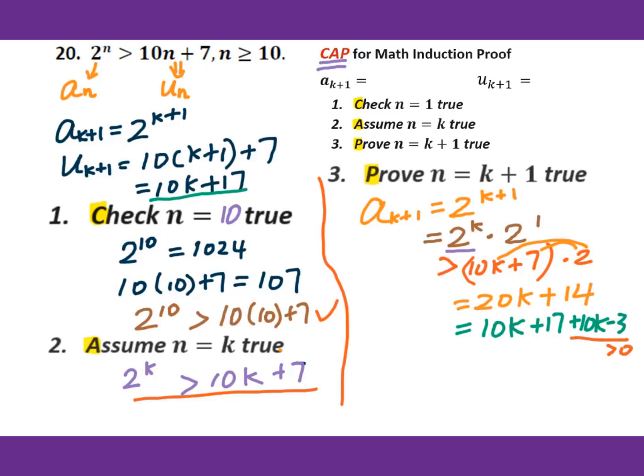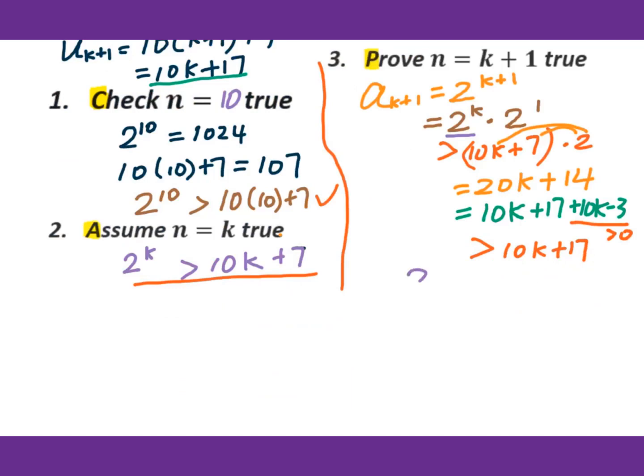Therefore, 10k plus 17 plus 10k minus 3 is greater than 10k plus 17. In other words, we got 2 to the k plus 1 greater than 10k plus 17.